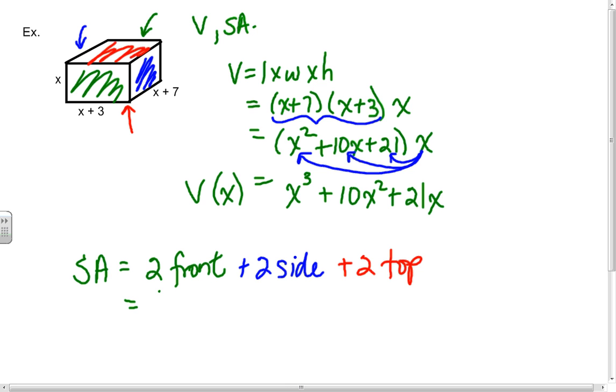For surface area, I have 2, and to get the area of the front face, it would be x times x plus 3. Notice that I just love brackets. You don't need as many brackets as I have, but it works for me. For the side, I have 2 of them. And to get the area of the side, it is length times width, x times x plus 7.